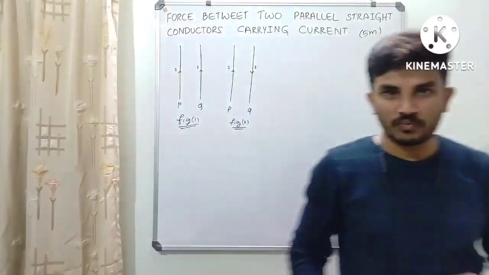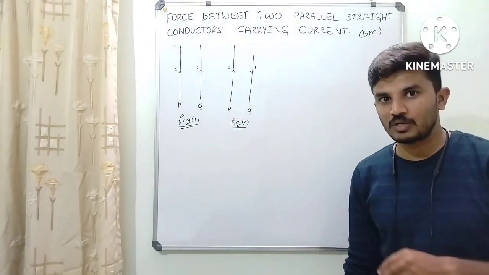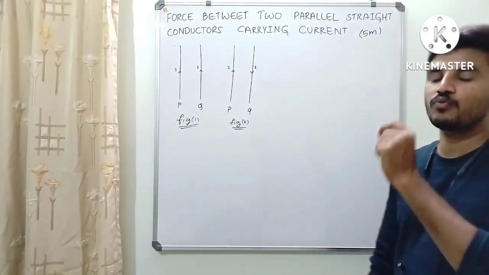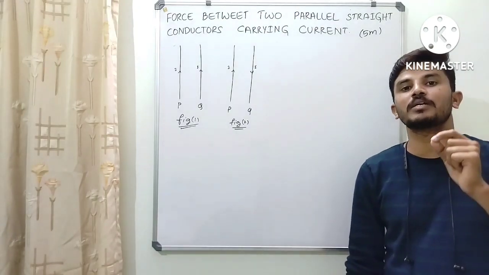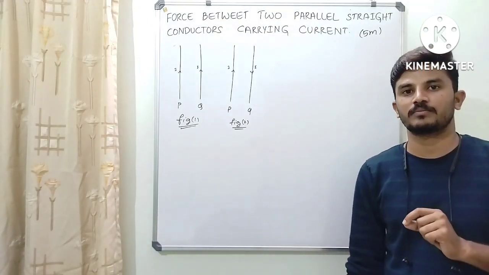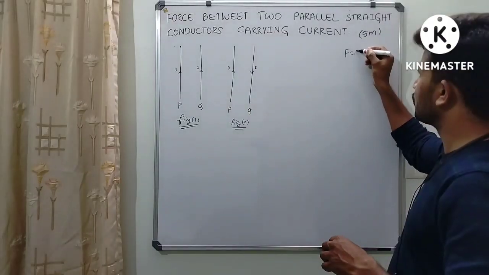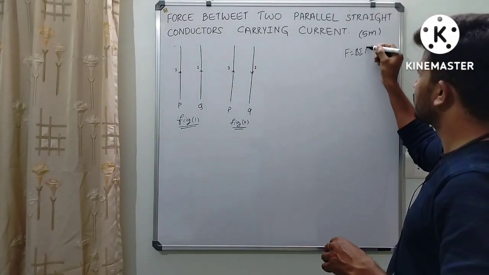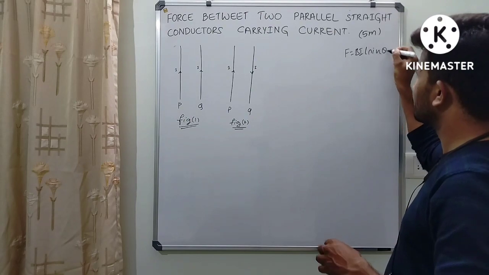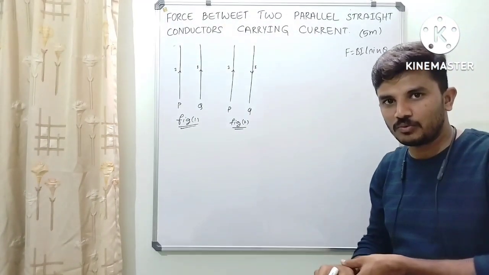In order to explain this, we need to know three main things. One is the formula for force experienced by a current carrying conductor placed in magnetic field, that is F is equal to B I l sin theta, that we have just studied in this video.